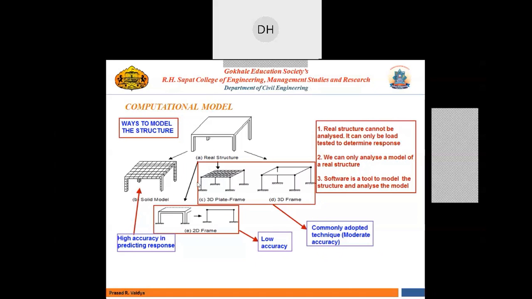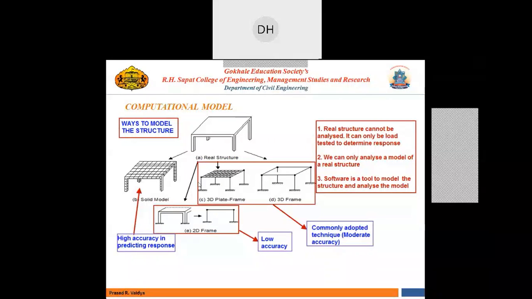This type of modeling is mostly used in software like ETABS, where you have got plate type modeling, maybe membrane or shell, right? And then the third type, in the same one, you can neglect this plate and put only a bare frame where the beams and columns will be there, but the plate is not there. But you can apply whatever loads are coming on the plate, that is on the slab, to the corresponding beams, and that is another type of model.